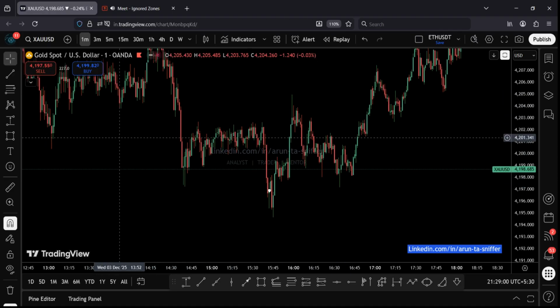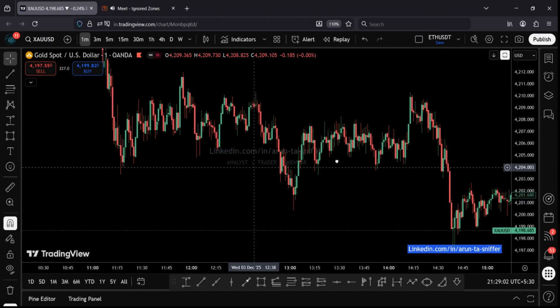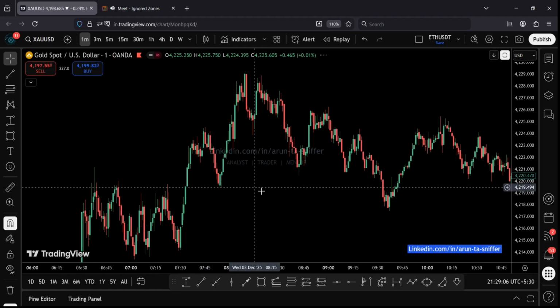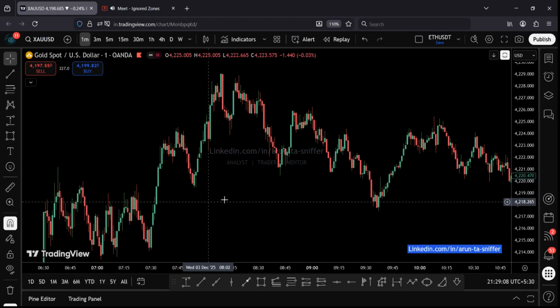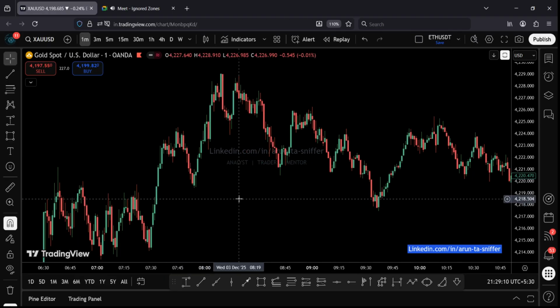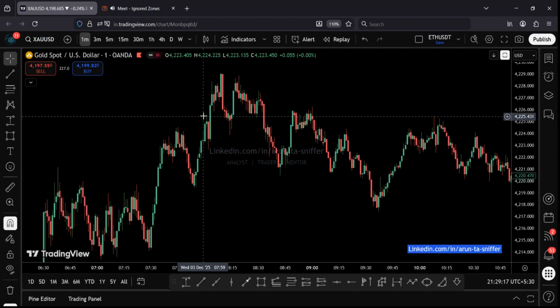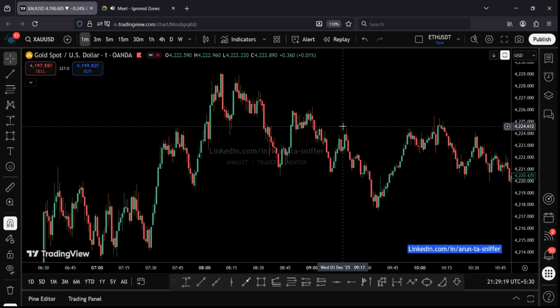No, this is not. Yes, this goes back to this zone. This is also not an ignored zone.